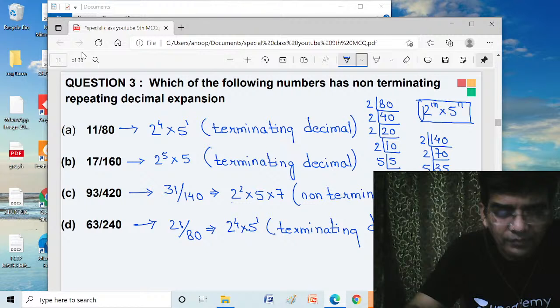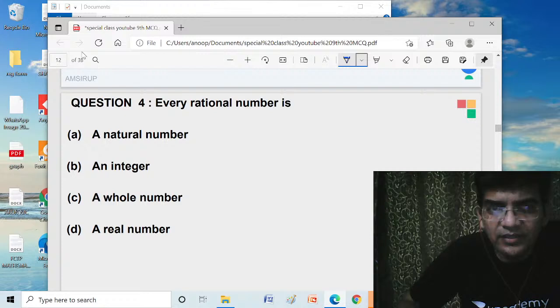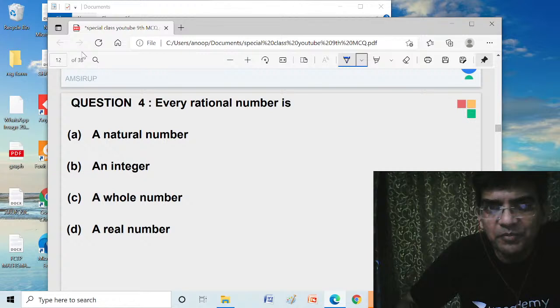Okay. So moving on to the next one, we have: every rational number is a natural number, an integer, a whole number, or a real number. So just think over it. Every rational number.